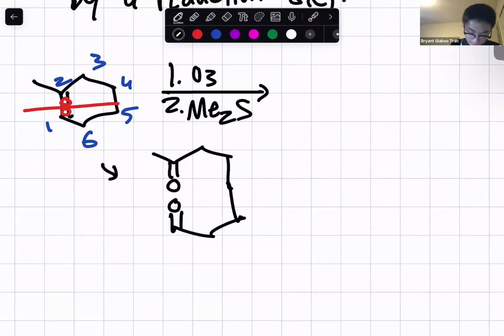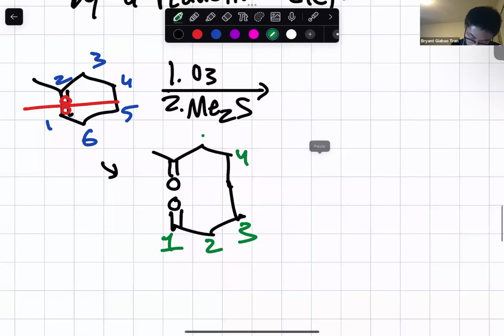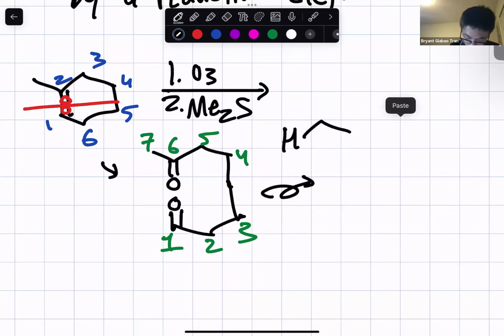But to make it neater, you could number this 1, 2, 3, 4, 5, 6, 7. Our longest chain is 7 carbons long, so the first carbon is the aldehyde, so that's 1, 2, 3, 4, 5, 6, 7. And at carbon 6, we have a ketone right there.